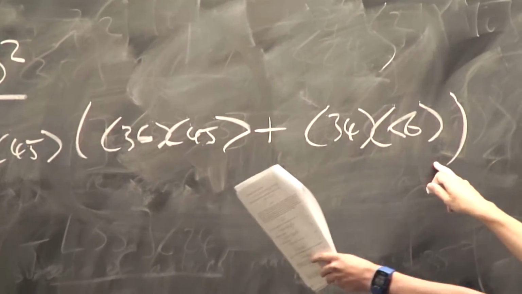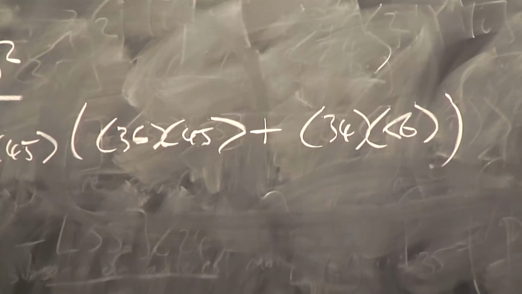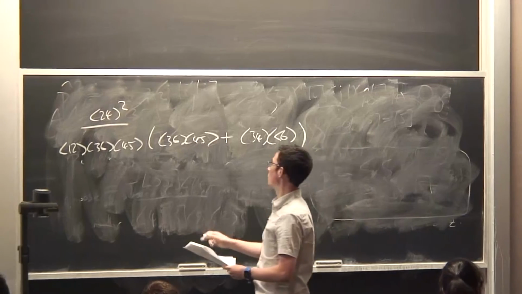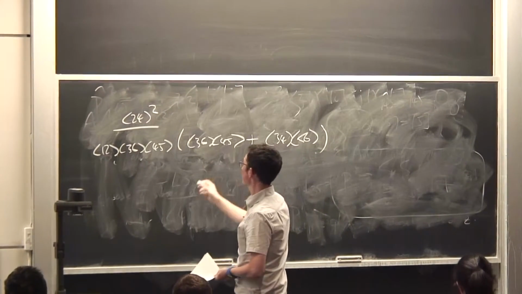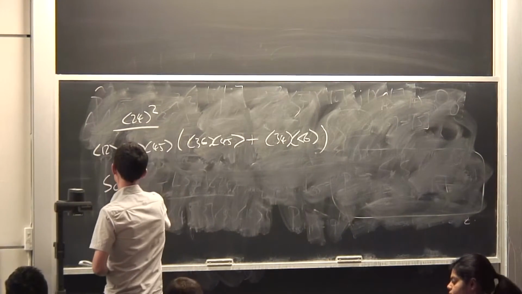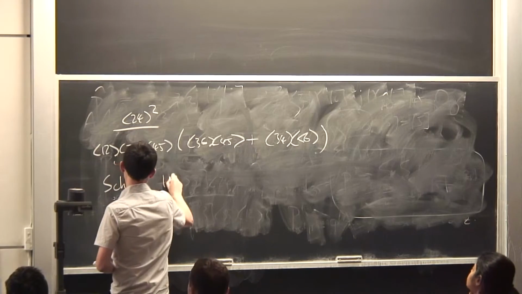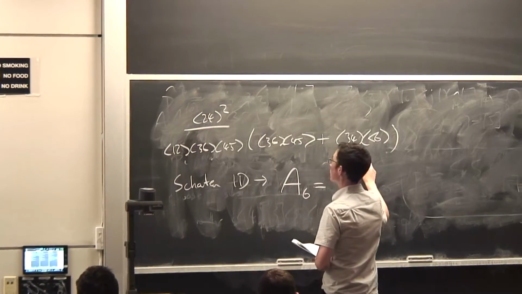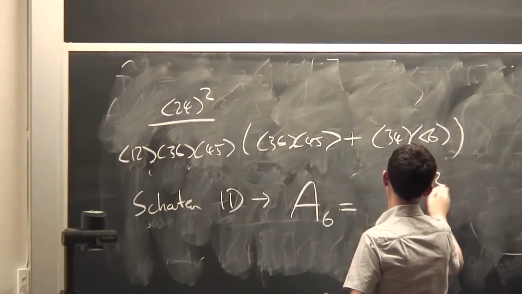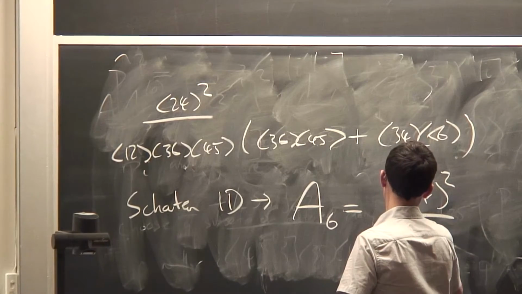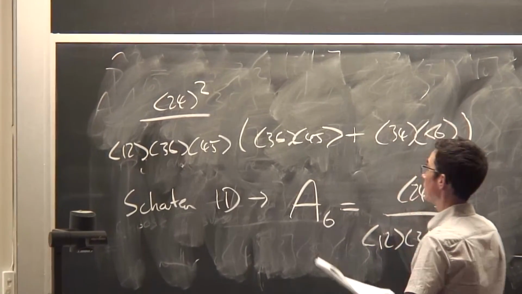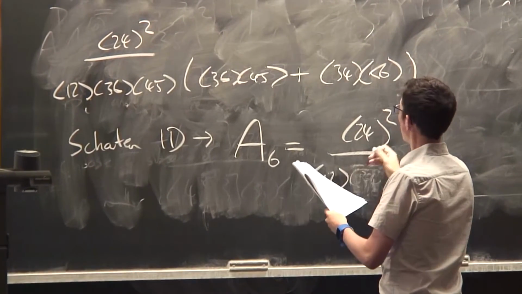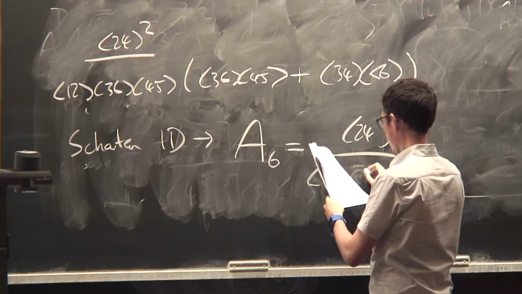And this thing in the denominator is yuck. We don't like this. But remember that there's the nice Schouten identity which tells us that we can redistribute this as one term, which will get 3, 4, 5, 6. So we use the Schouten identity to rewrite the whole thing as 2, 4 squared divided by 1, 2, then 3, 4. No, sorry, 3, 4's gone. It's 3, 5. So I get.